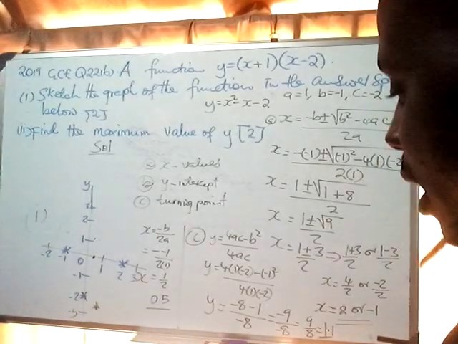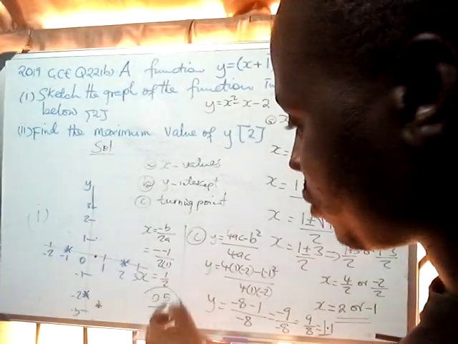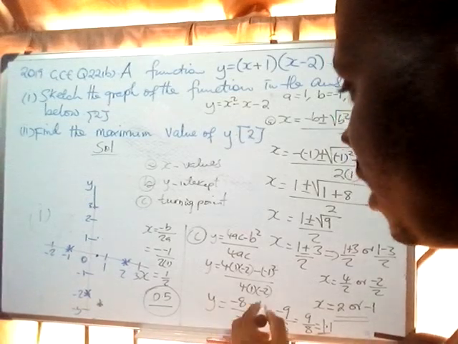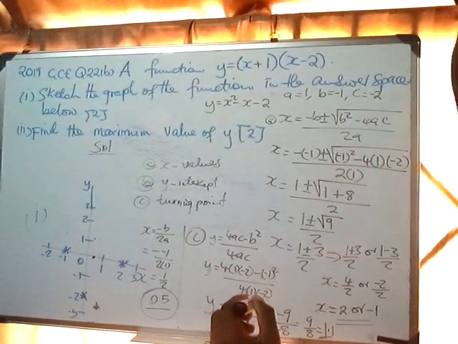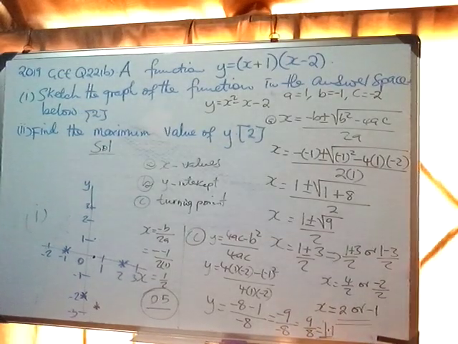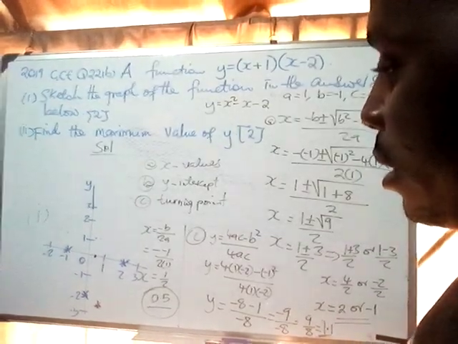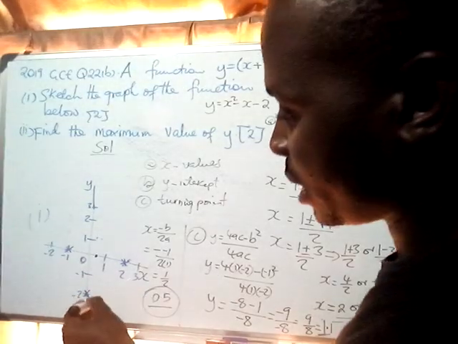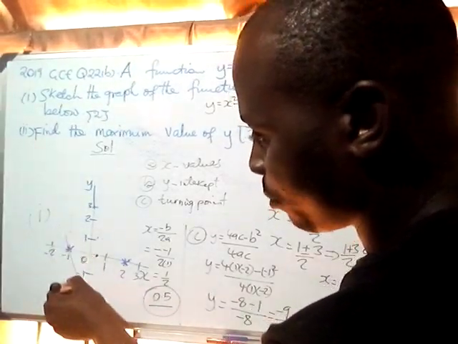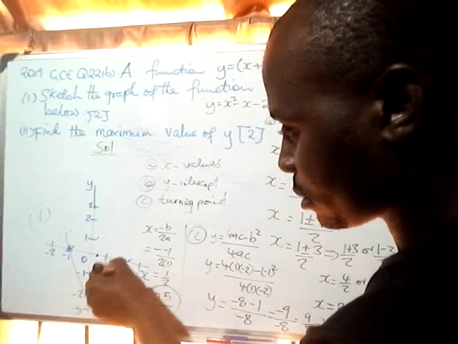What am I trying to say? Of course, our turning point we have found here is negative 0.5 and also 1.1. So if the turning point is on this side, our graph will be like this.